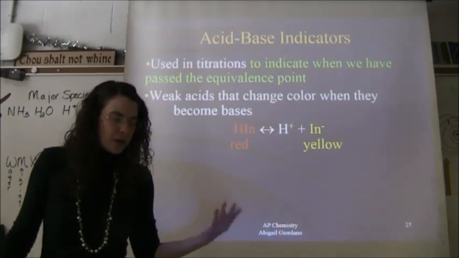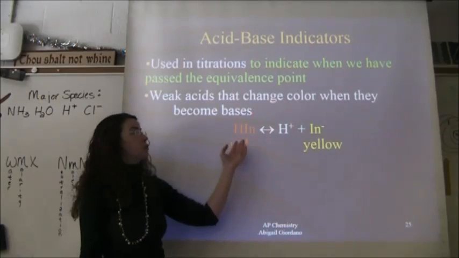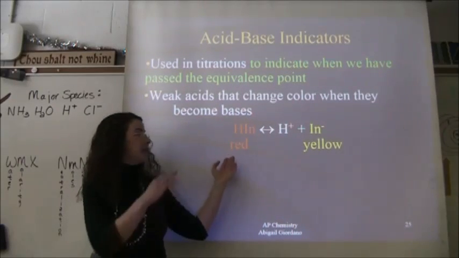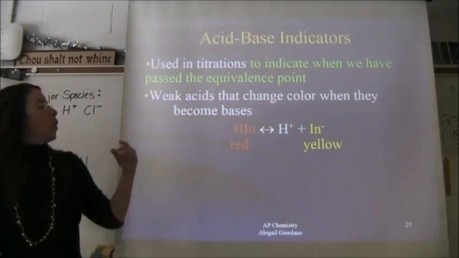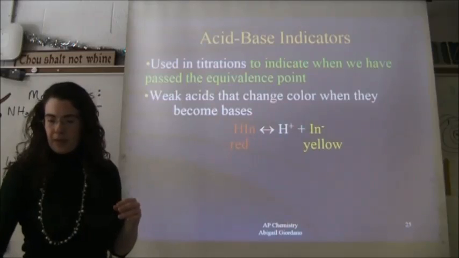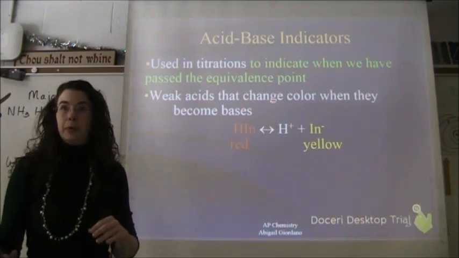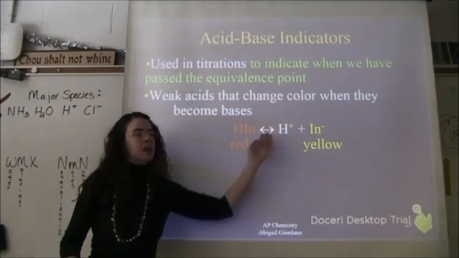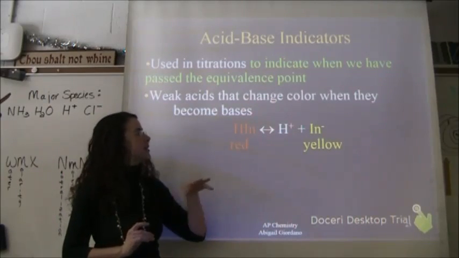For example, methyl red is an indicator that is red in its acidic form, yellow in its basic form. I want you to look at this equilibrium reaction and think Le Chatelier's principle. You change something about the reaction, does it shift one way or not?